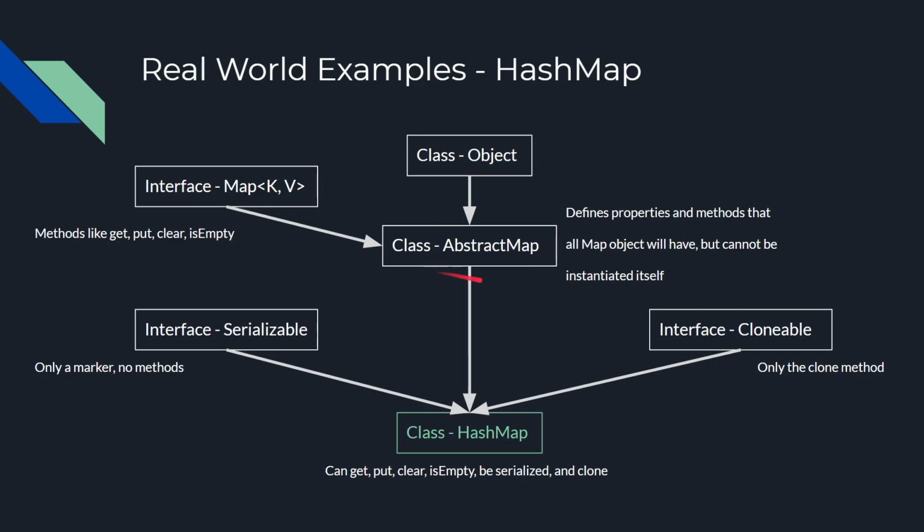And then the AbstractMap defines some properties and methods that all map objects will have. That way, when we create a specific map class, like a HashMap class, we don't need to define a whole bunch of code again because it's already defined in AbstractMap. So it basically just saves us some typing. Does that make sense?